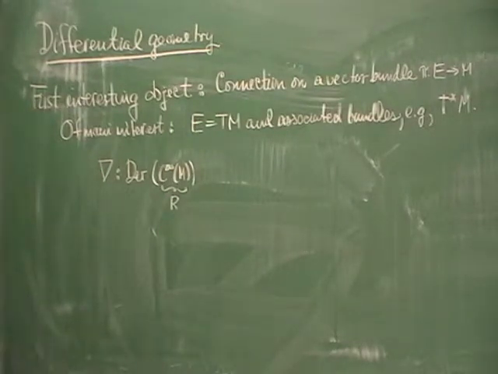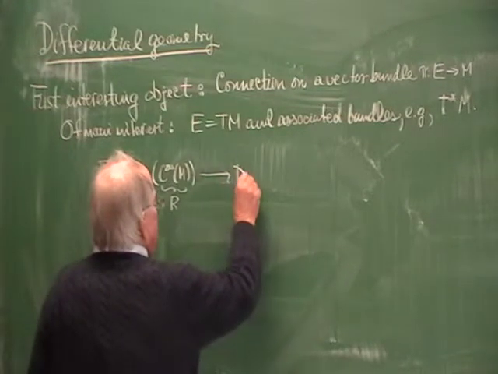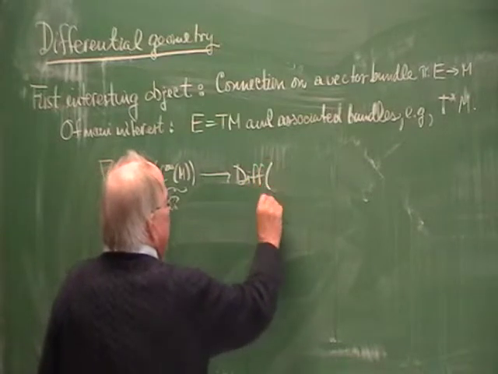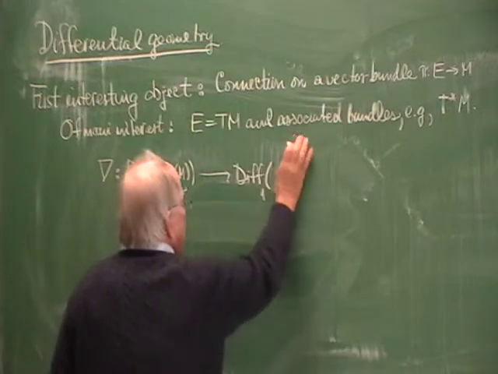And some other people have been interested in algebraic geometry, so this is really a sheaf. But just a global ring of C infinity functions. And you get a first order differential operator on the bundle. Well, on sections of the bundle.